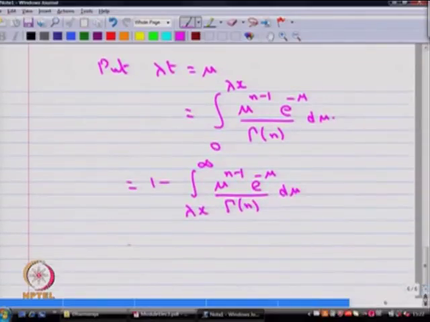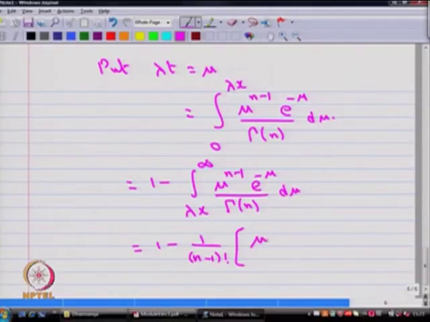That is the same as 1 minus, since n is a positive integer, gamma of n is n minus 1 factorial. So, you can take it outside. You can do this integration by parts.